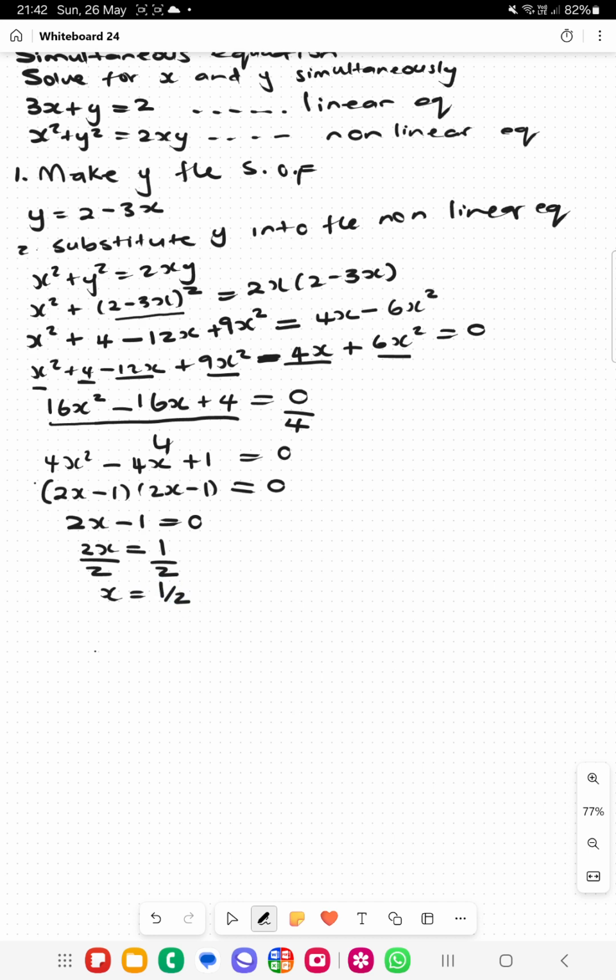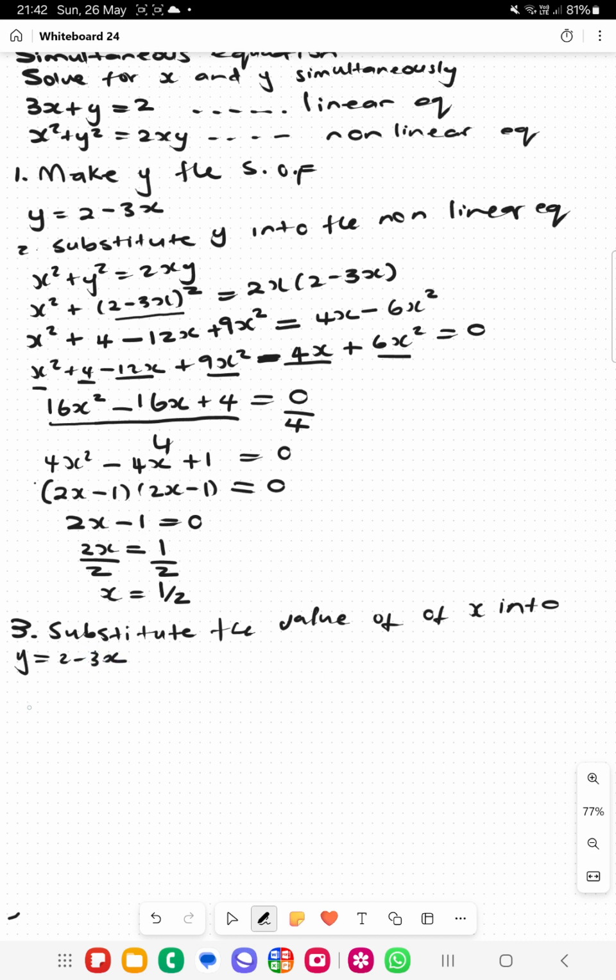Alright, we have solved for x, but it never ends at solving for x. The idea was to solve for x and y. Now we are going to solve for y. So our step 3, we are going to substitute the value of our found x into the equation we've made of y, y equals 2 minus 3x, to find out what y is.